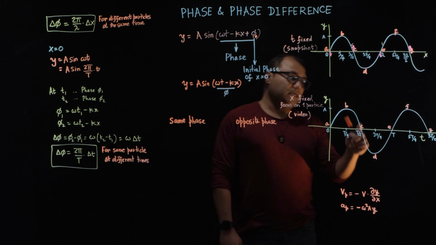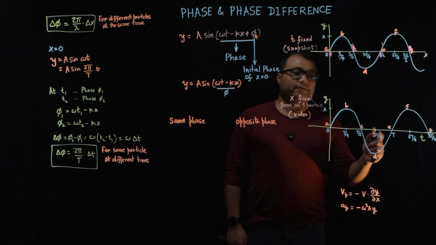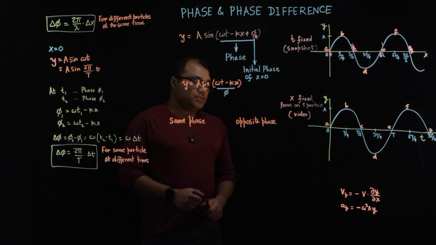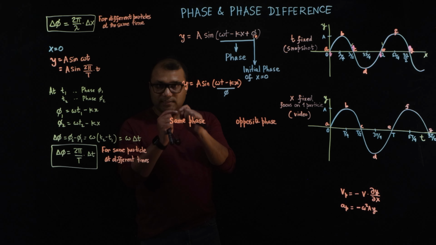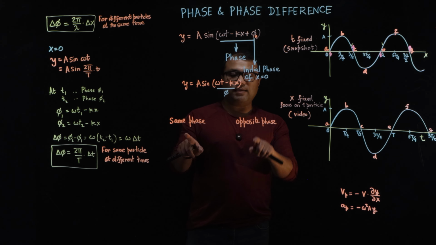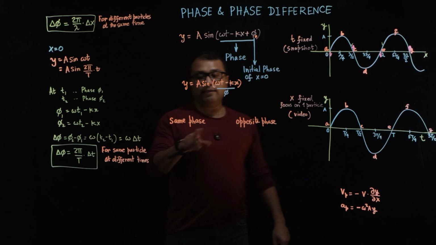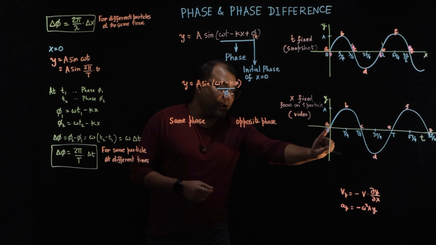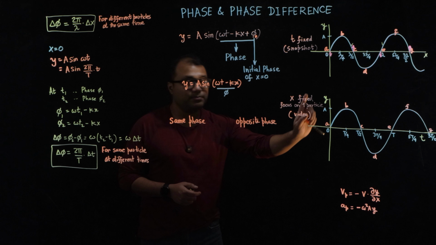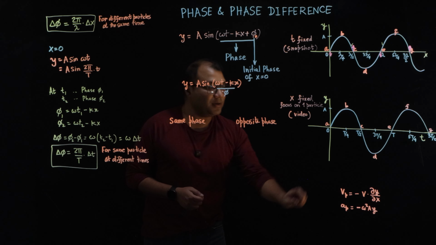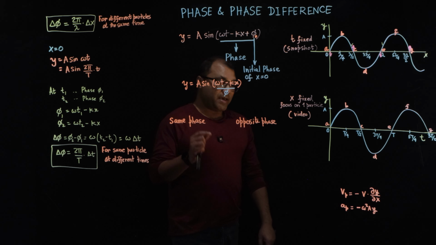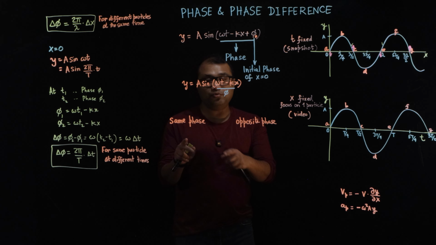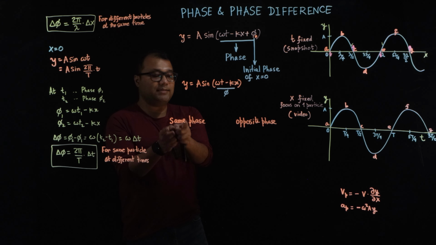Remember, these are all the same particles at different times. Now, at which times is that same particle in phase and in opposite phase? Again, the definition of same phase remains the same. The same particle, when it has the same displacement, same velocity, same acceleration in magnitude and direction at two different times, then those two different times are in same phase.